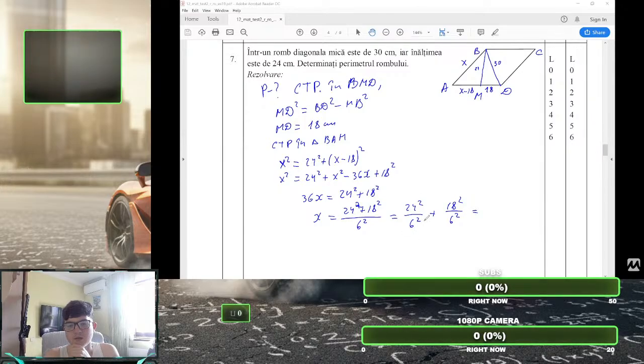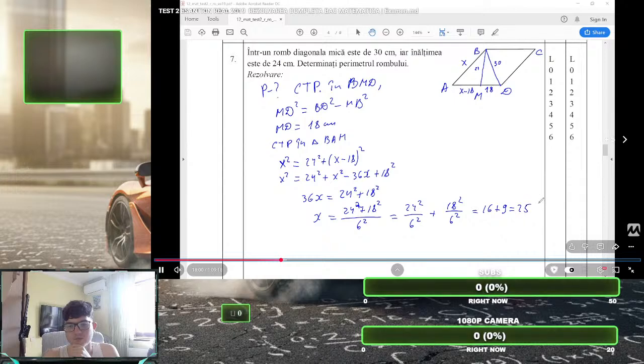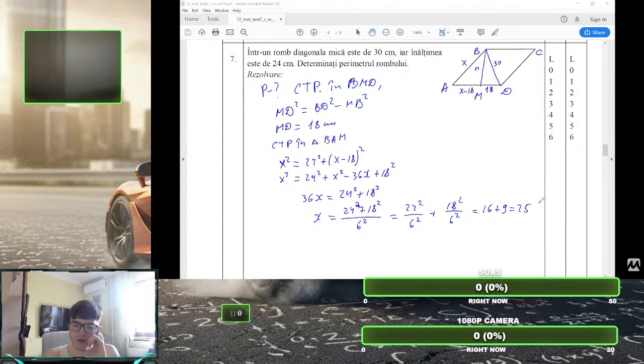I guess you can get a 16 right there. Yeah, 9 right there. How? Well, 24 divided by 6 is not 16. It's 24 minus 6. That's 18. Still doesn't work. So what did I do there?